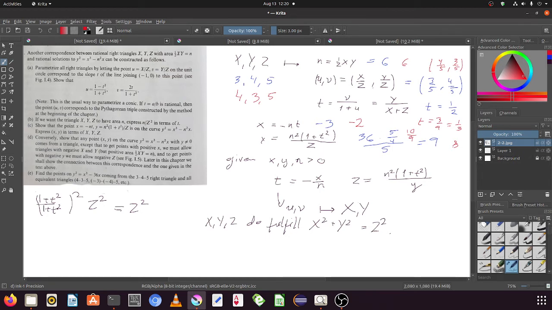So if we just change sign on z, then we'll get the negative ones.